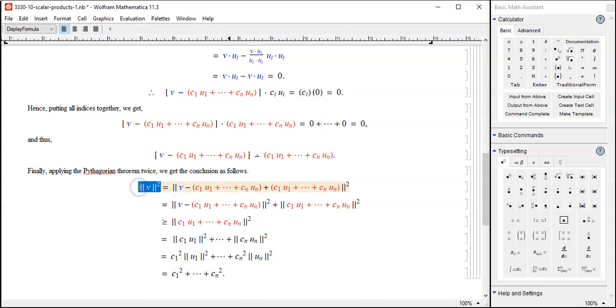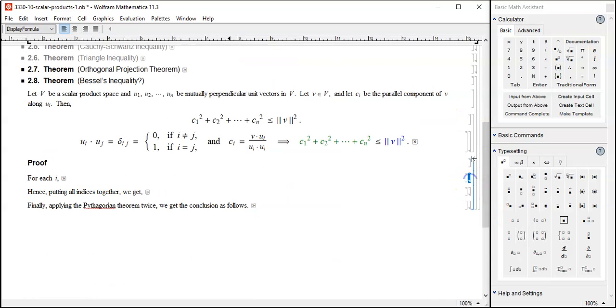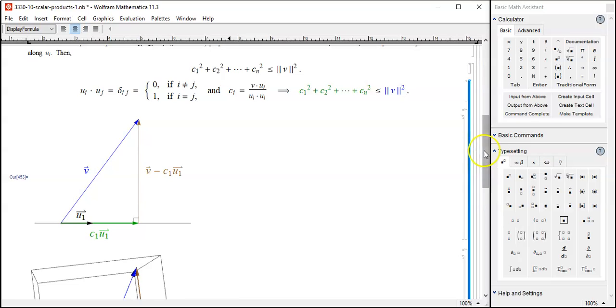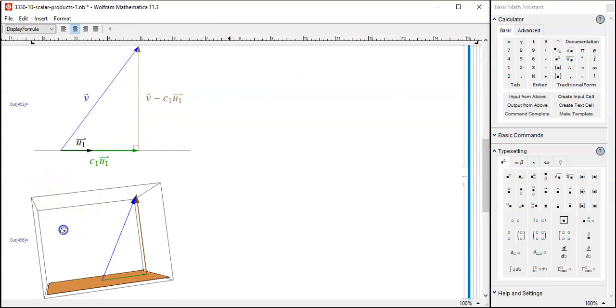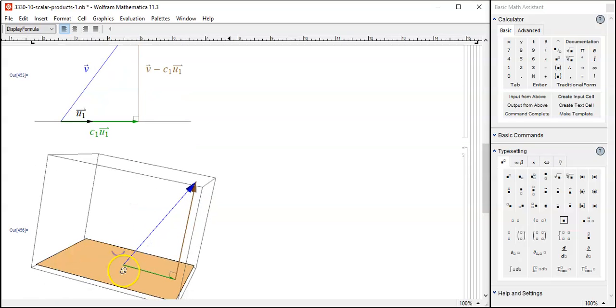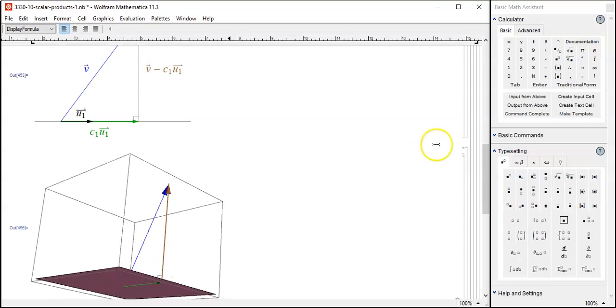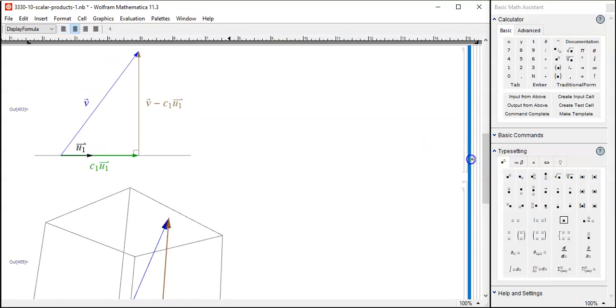So the norm of v squared is c1 squared plus c2 squared, all the way up to cn squared, which is, as a matter of fact, the length of the green vector. We see here, or maybe it will be harder, but here. Just the 2D version case. And let's just run it again.